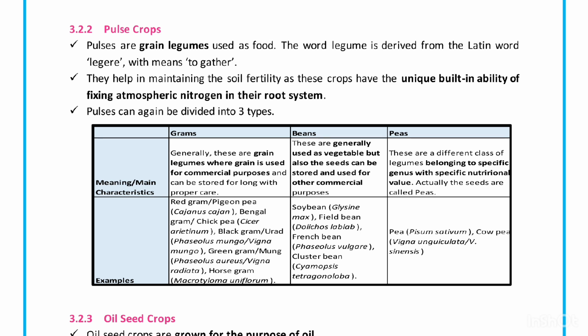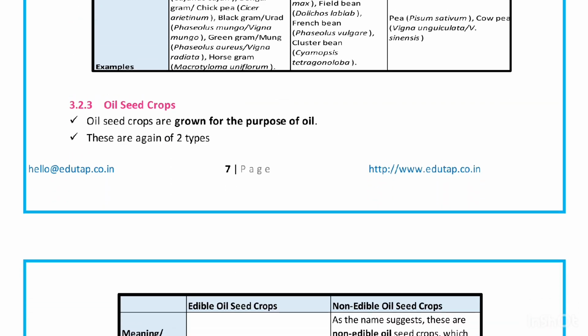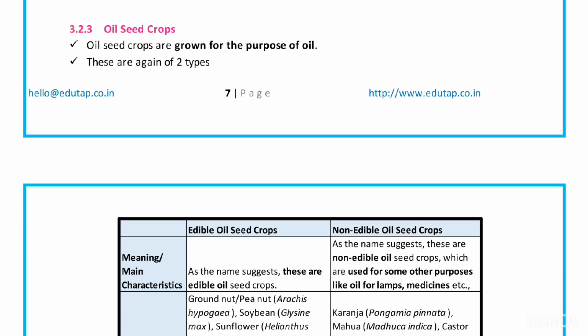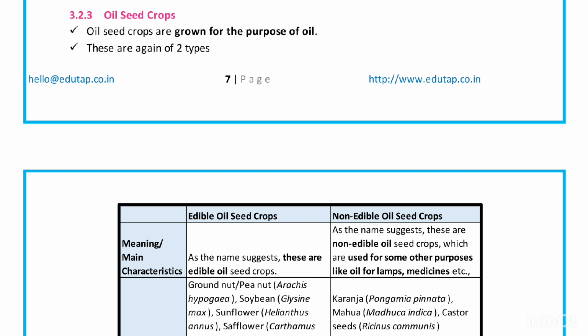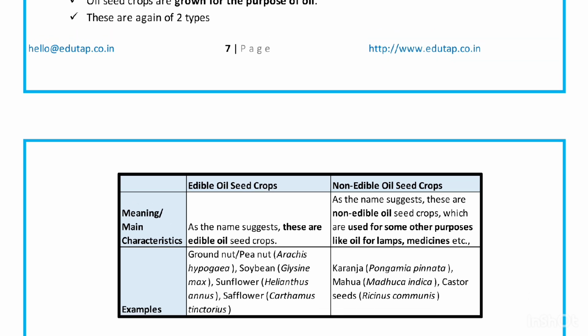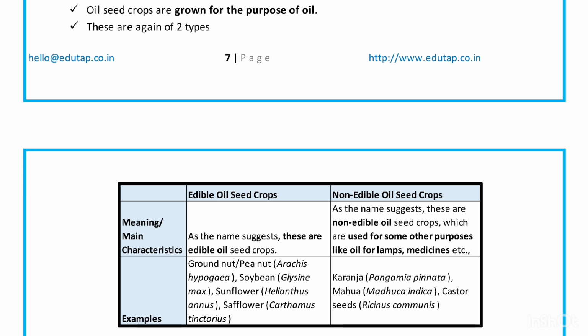Next, a few crops from which we are extracting oils. You might have seen the example of mustard. Mustard is basically a crop from which we are extracting the seed, and seeds are used for extraction of oil.